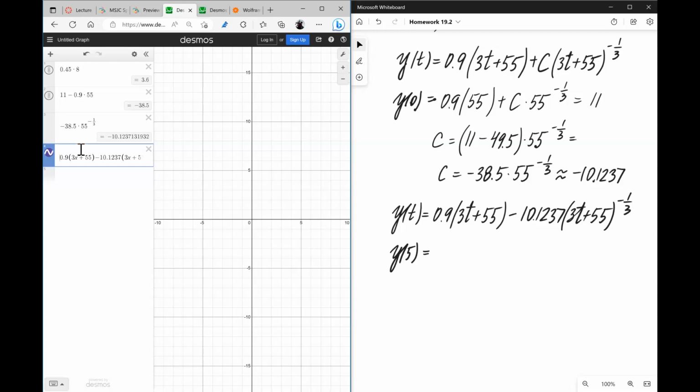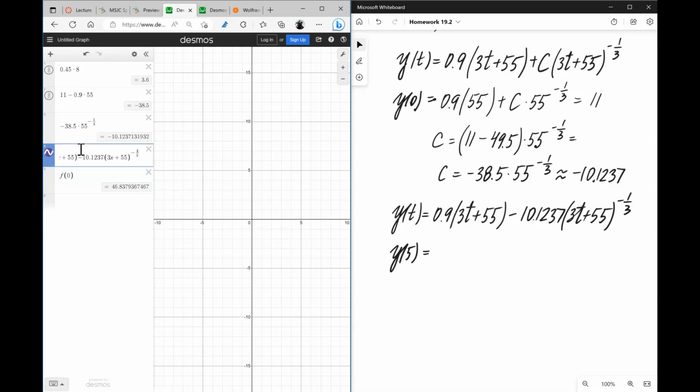And let's call this f of x. And let's just check that f of 0 is equal to 11.